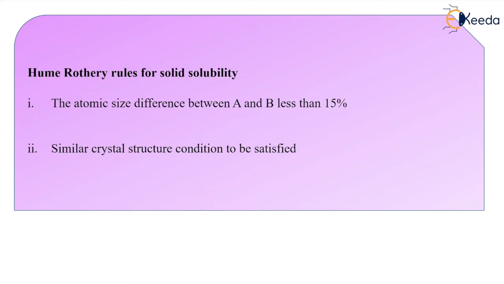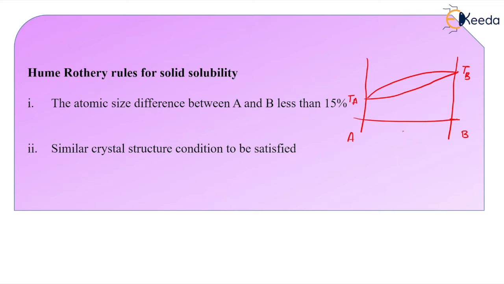If I consider the binary isomorphous system phase diagram, don't worry, we are going to see it in great detail. But just assume that right now we have this binary isomorphous phase diagram. It will be like this, or it is simply called the lens diagram. Here are the components A and B. This is the percentage of B. Here A is 100%, here B is 100%.